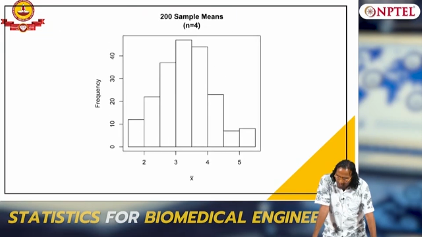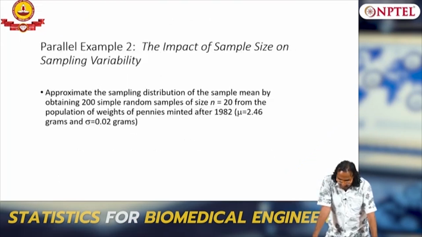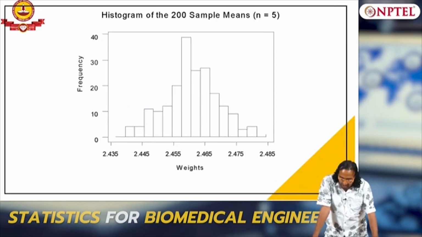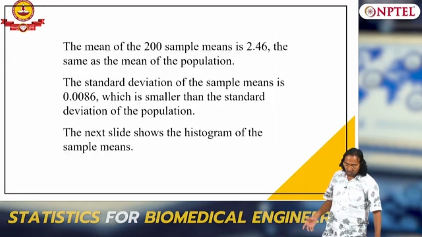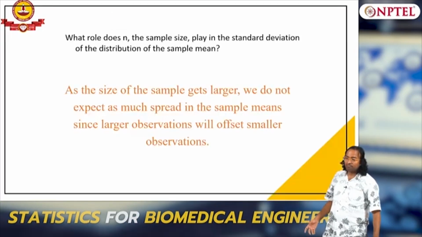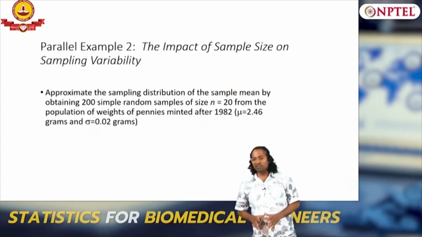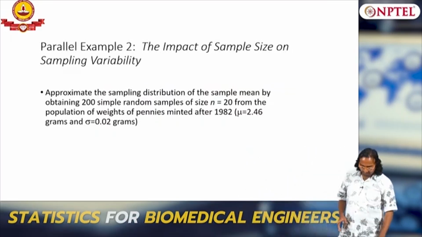Even with n equals 4 it is clear you are getting Gaussian. So this is the idea of the central limit theorem, and of course the larger the size you have, the better it converges to Gaussian. Questions, concerns? This is our central limit theorem, clear?